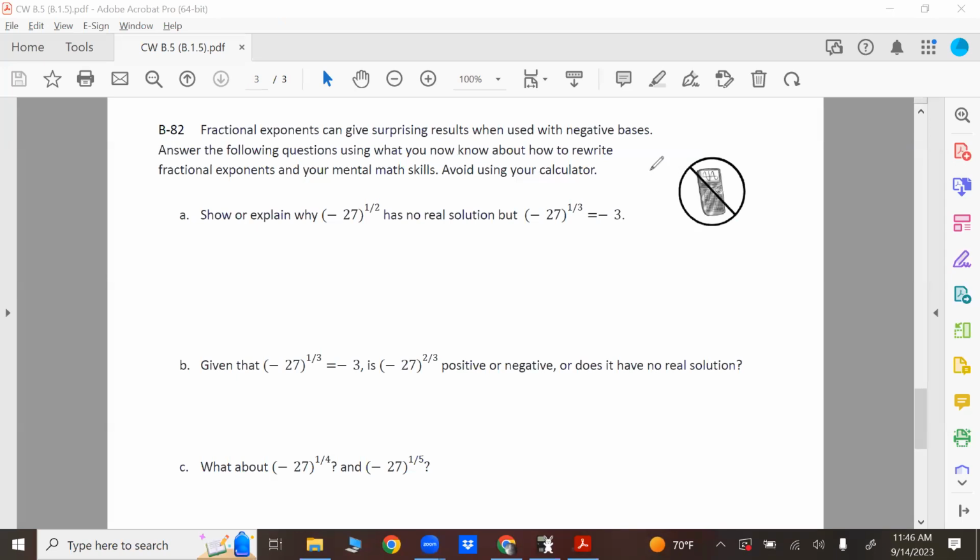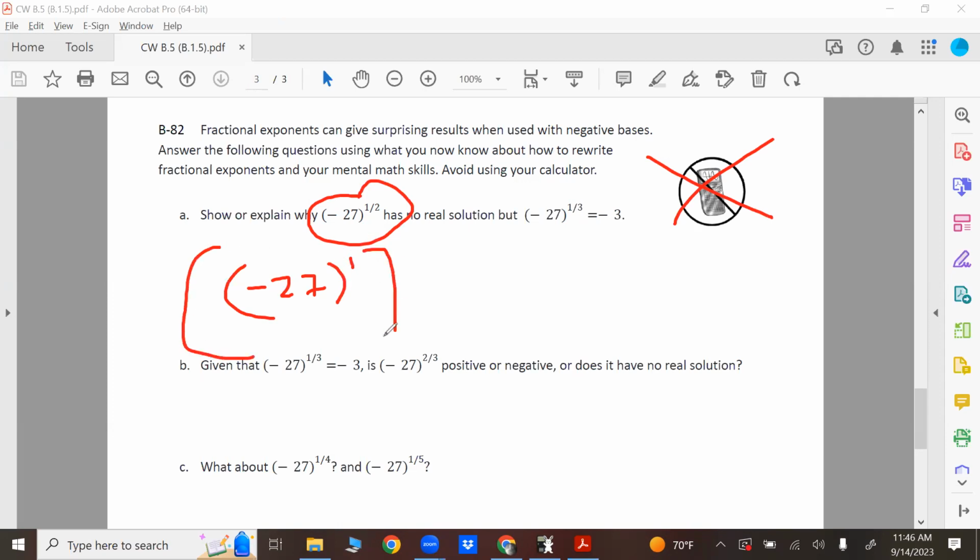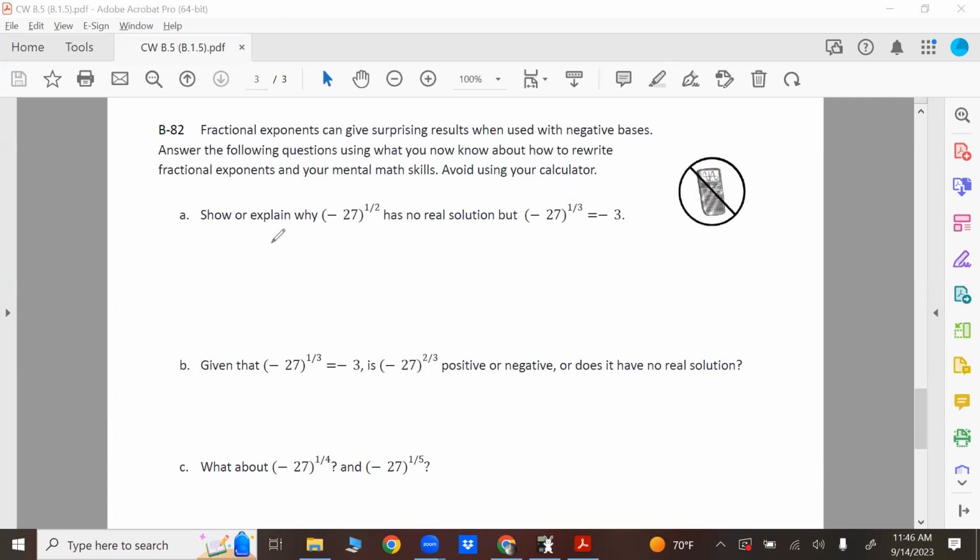Okay, so avoid using a calculator, right? So here's the deal. When you have something raised to the 1/2, that's negative 27 raised to the 1 power. And then we're going to do 1/2, right? But what's 1/2 as a radical? We talked about this already. It's square root. Can you square root negative 27? That's undefined.